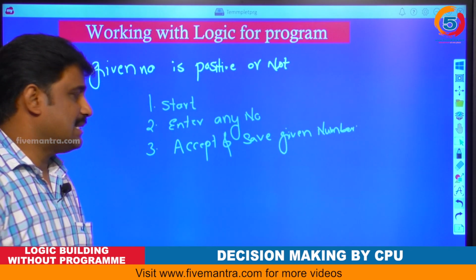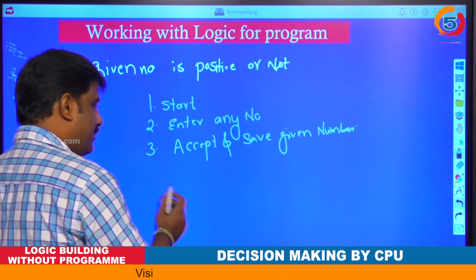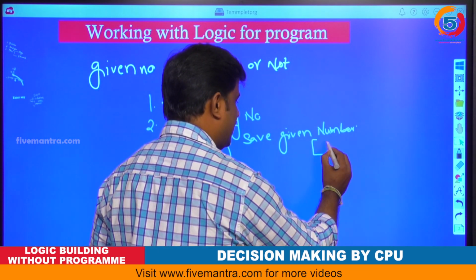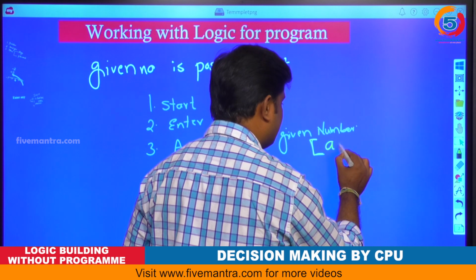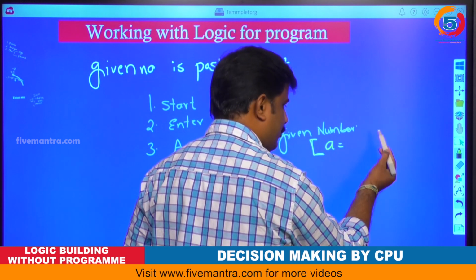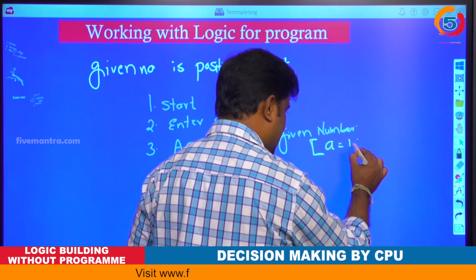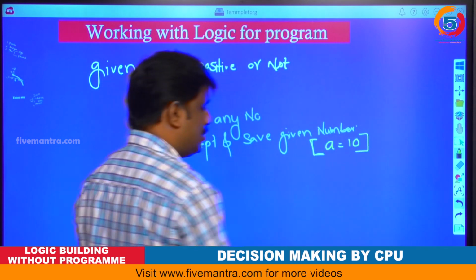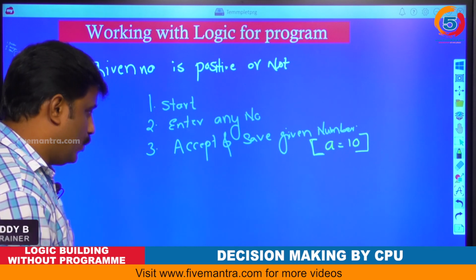Once it is accepted and saved, I'm assuming here that a is some number, maybe any positive number, that is 10. I'm assuming that a equal to 10.